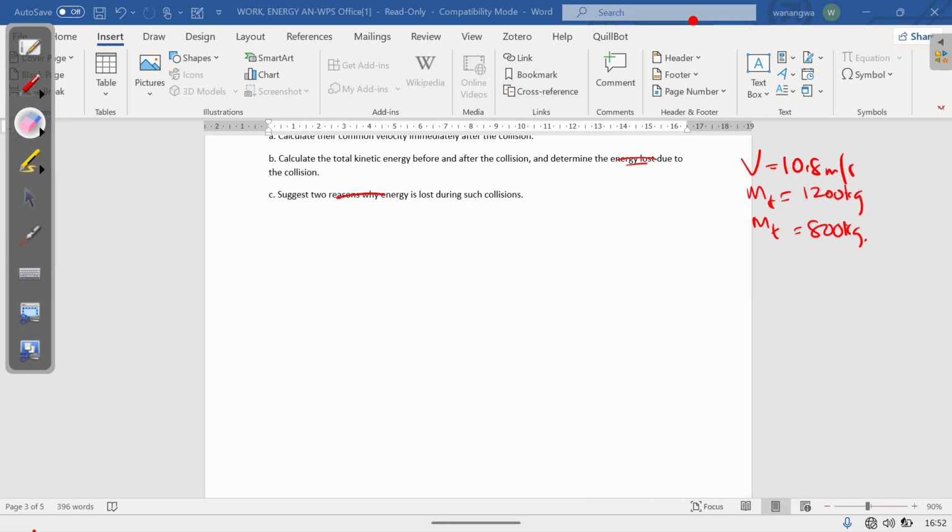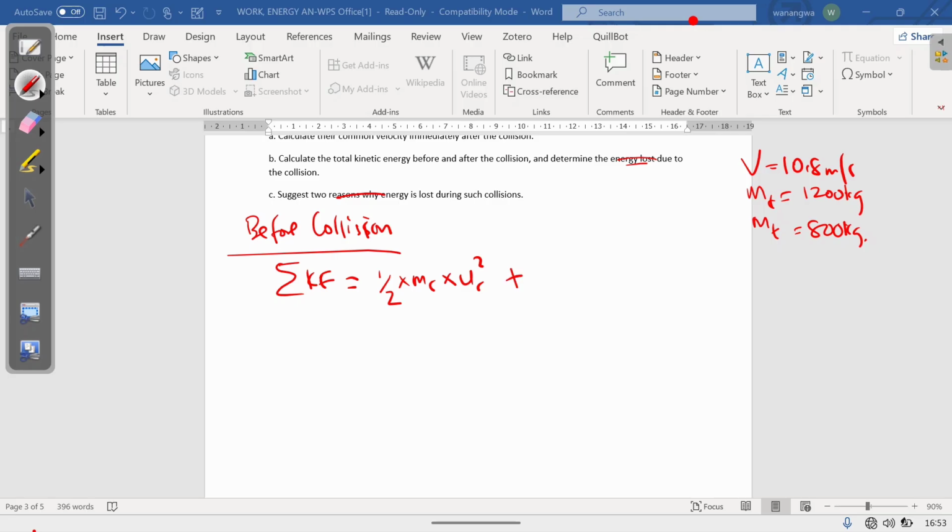So we need to find the kinetic energy before and after collision. First of all, we're going to find before collision. So total kinetic energy will be equal to half times mass of the car times initial velocity of the car squared, plus half times mass of the trailer times initial velocity of the trailer squared.